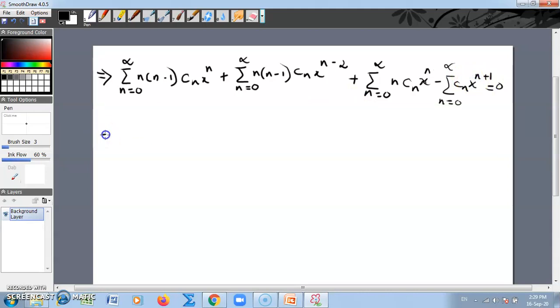Now students, please pay attention. Look at this expression. What happens if I put n is equal to 0 here? Because this is a summation, that means first comes n is equal to 0, then put n is equal to 1 in each of these n's, then comes n is equal to 2, then n is equal to 3.